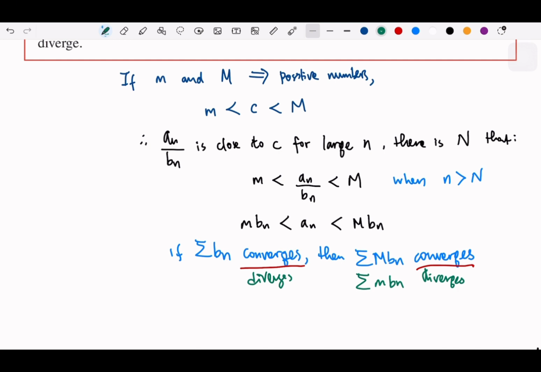So this part is actually the direct comparison test. This is the direct comparison test.